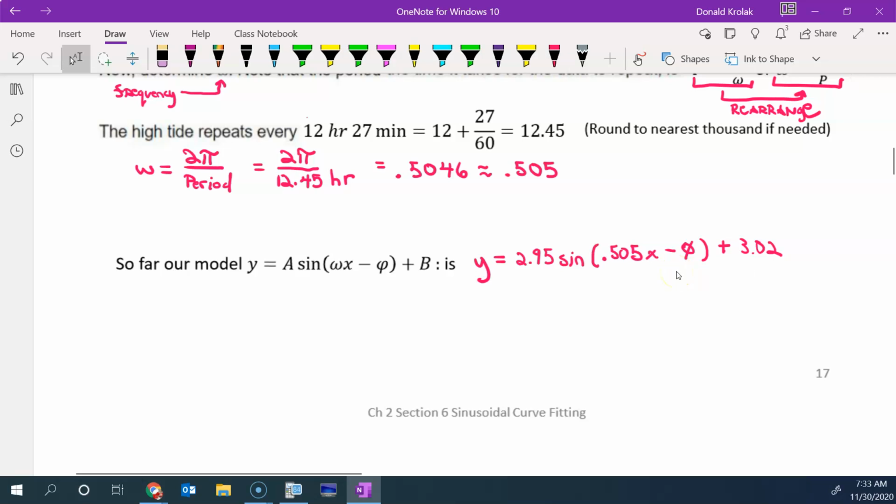Okay, now all we need now is this. So remember, this is equal to the phase shift times the frequency. It's like the phase shift's disguised in it.